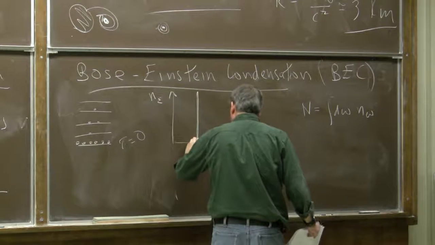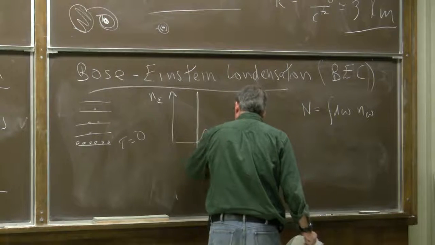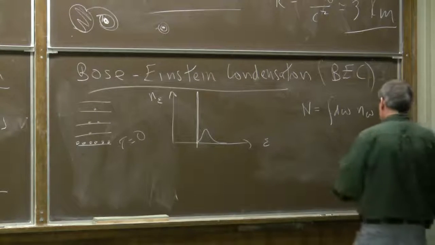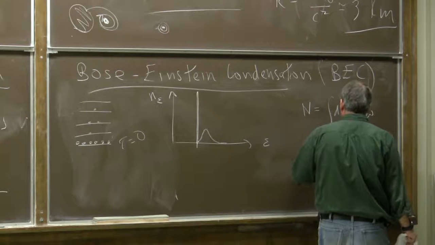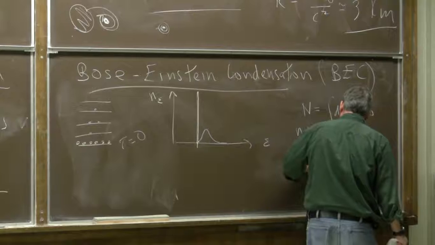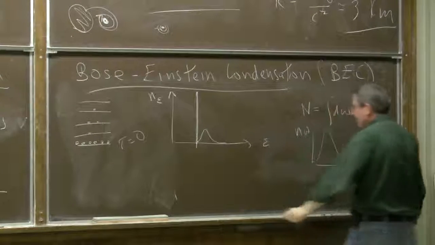But then there will be something that looks like a black body curve qualitatively, although quantitatively it's different because it's non-relativistic kinematics. In the case of a black body, if I had looked at omega n of omega, I'd get something that looked like that.